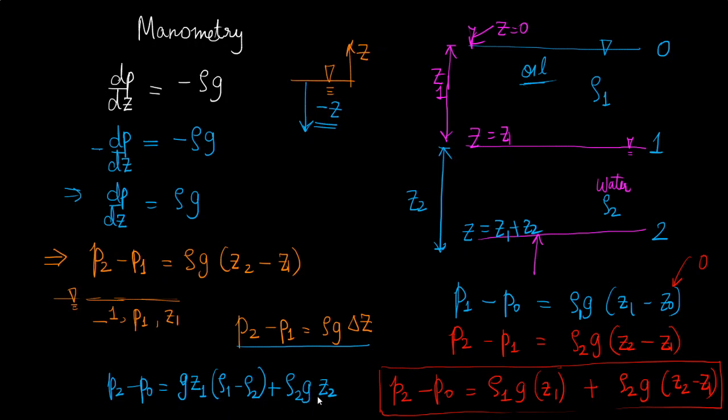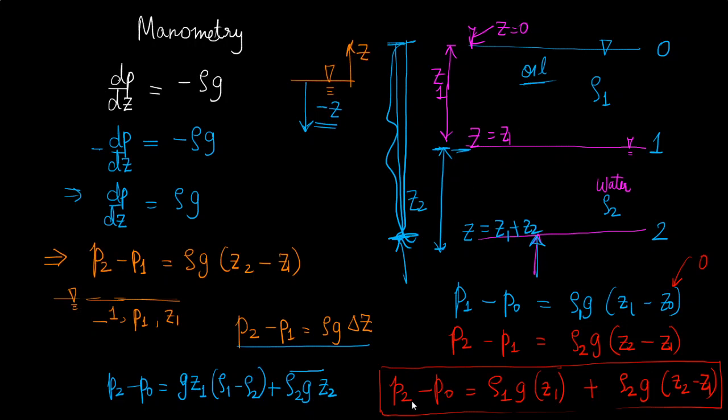So rho 2 g Z2 is as if the pressure at this second point, as if this entire fluid was water, because Z2 is just this depth, and rho 1 minus rho 2 times g Z1 is the pressure exerted at this point because of, have we missed out a sign?